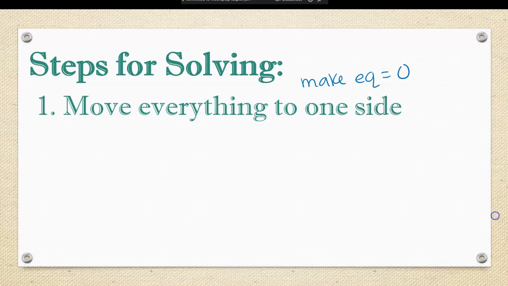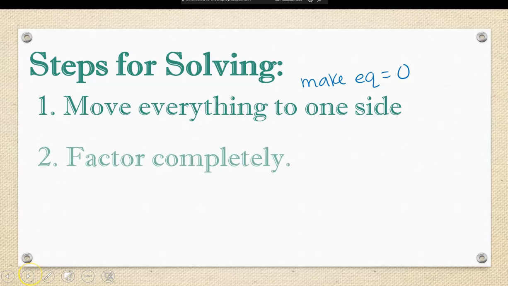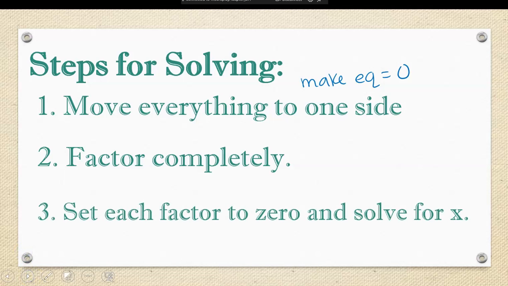After that, guess what? You're going to factor. Then you're going to factor completely. After we have our factors, you're going to set each one of them equal to 0 and solve for the individual x's. How many times can a quadratic cross an x-axis?